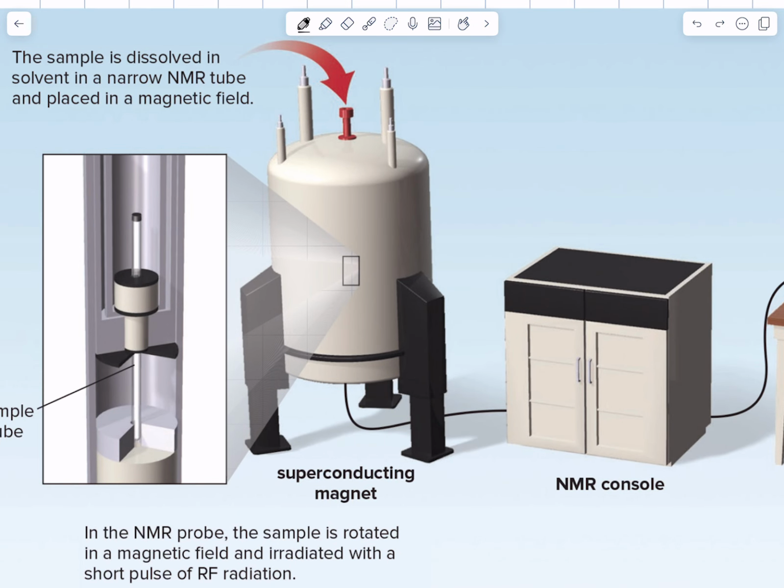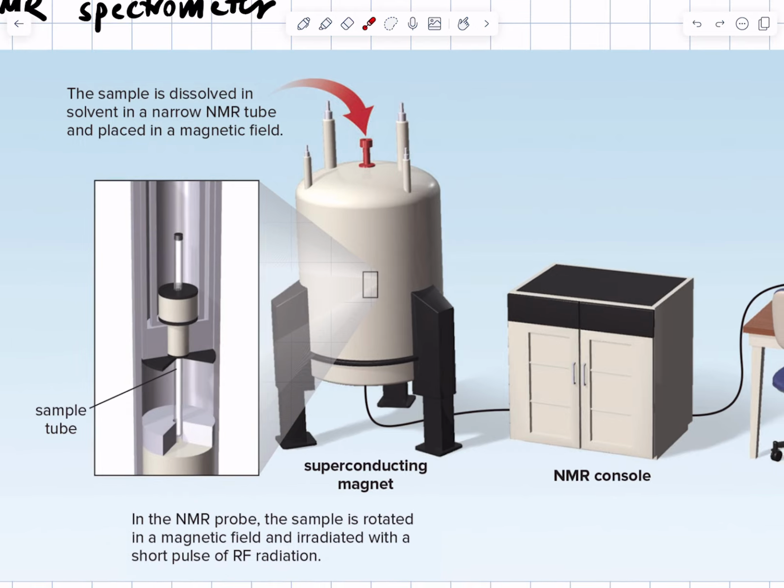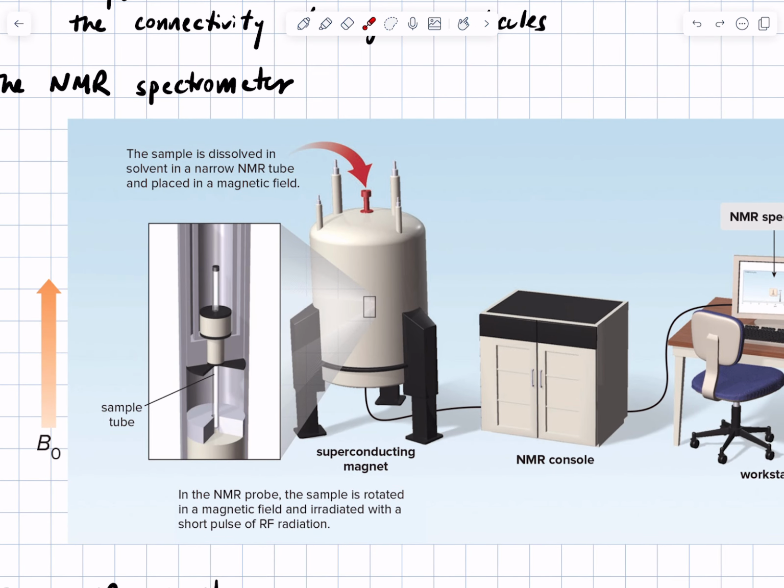The sample goes in a tube that's through the center of this device. Your sample is held in a little glass tube, and then this collar allows it to sit inside the spectrometer, and the sample is spun around to help with signal averaging. That's beyond the scope of what you want to do.